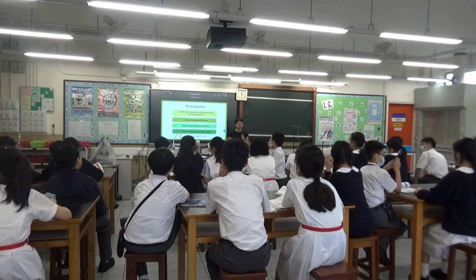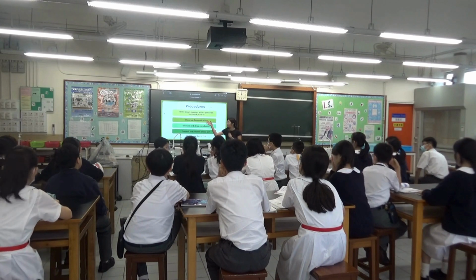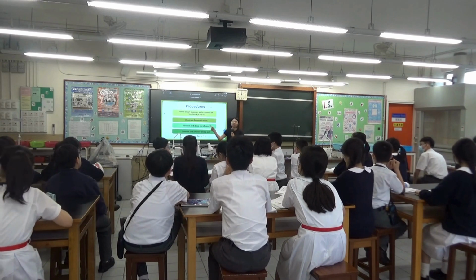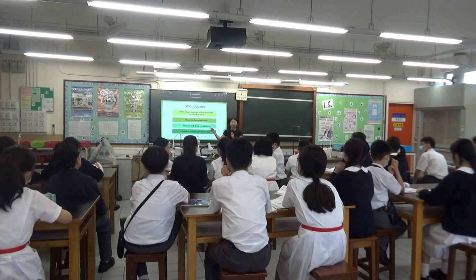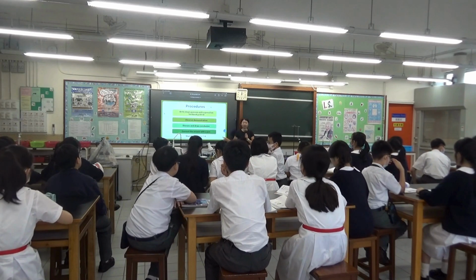Then we would correct the answer with a pen. Clear? So, 4 steps. Write down the guess first, then observe, then discuss and draw the conclusion. Finally, correct the answer with a pen.